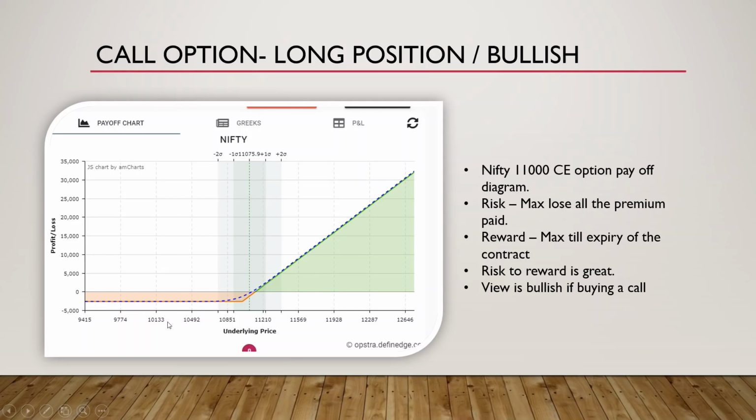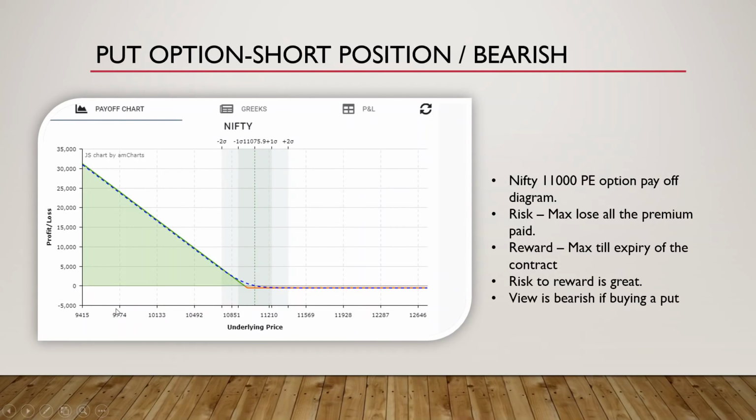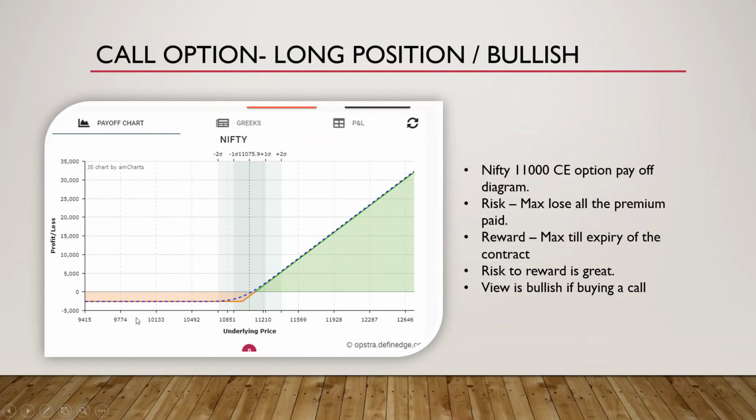The risk is only the amount which you have paid for buying the call option. And what is the reward? If the market starts going up till the expiry, your gain will be maximum till expiry of the contract. So the risk to reward is really great. View is bullish if buying a call.